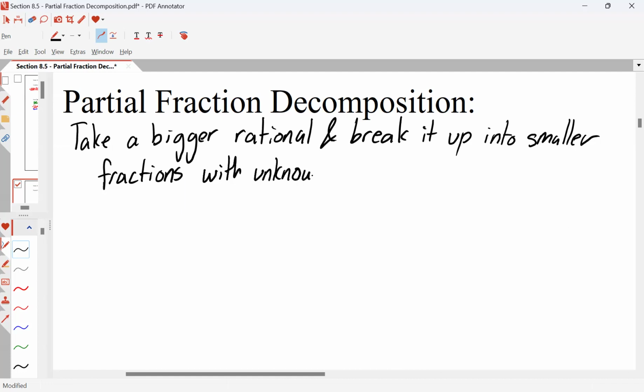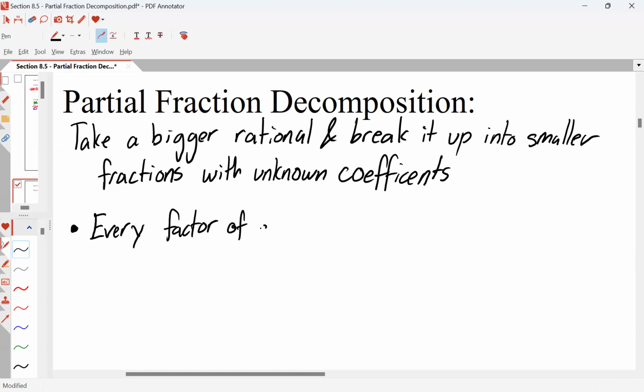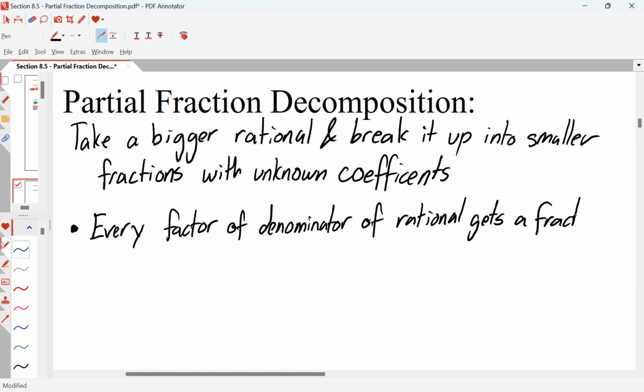We have some known ways we can break up fractions. First, when we break up the fraction, and we'll see this in several examples, every factor of the denominator of the rational gets a fraction.